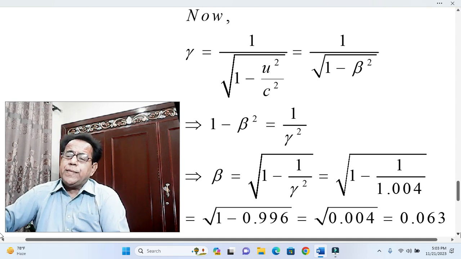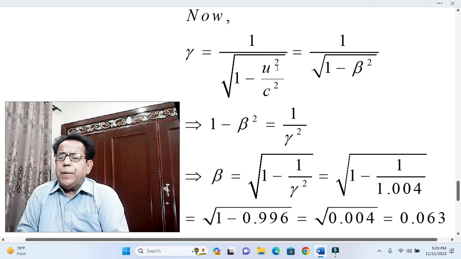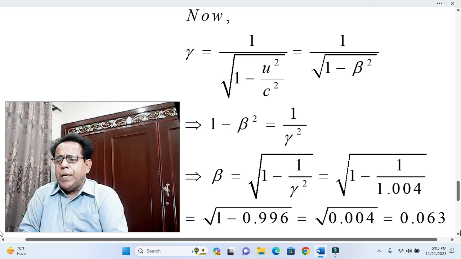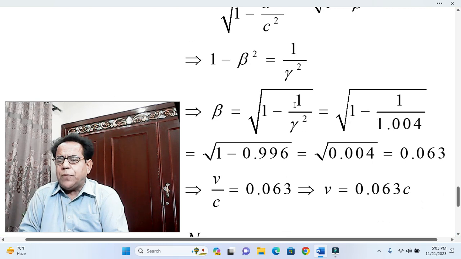Now gamma is equal to this, 1 minus v square over c square. We know that this is denoted by speed parameter beta. If we replace it by beta square, then 1 minus beta square will be shifted to the other side, and 1 over gamma will be shifted on the right hand side, and it will become in the denominator. Then we will take square of both sides, and hence 1 minus beta square will become equal to this, and hence beta will become equal to the square root of 1 minus 1 over gamma square.